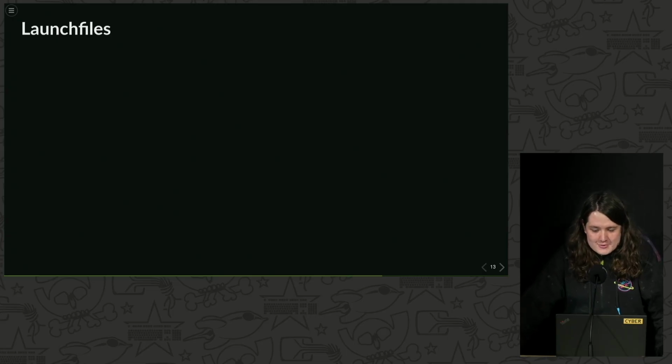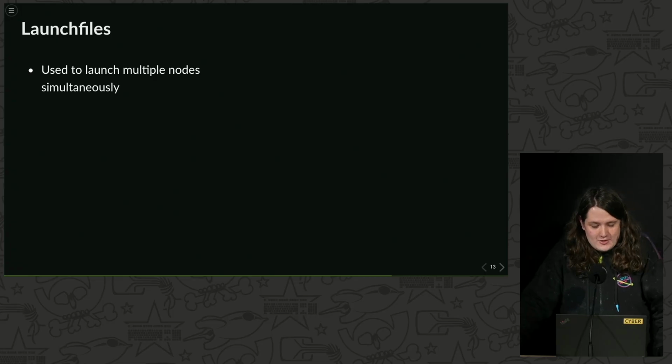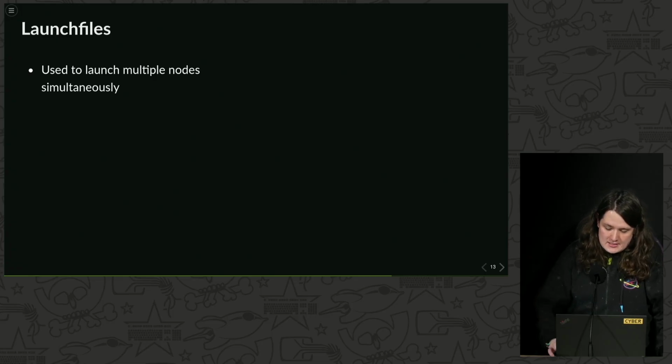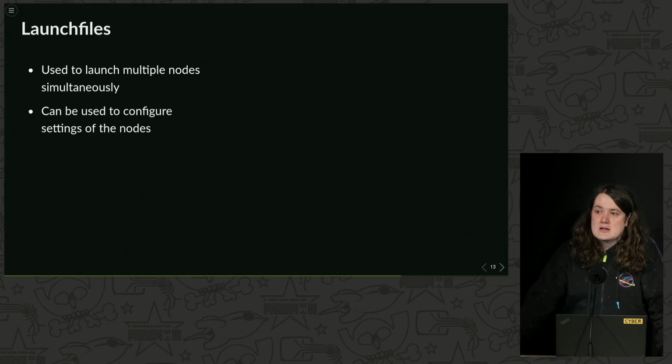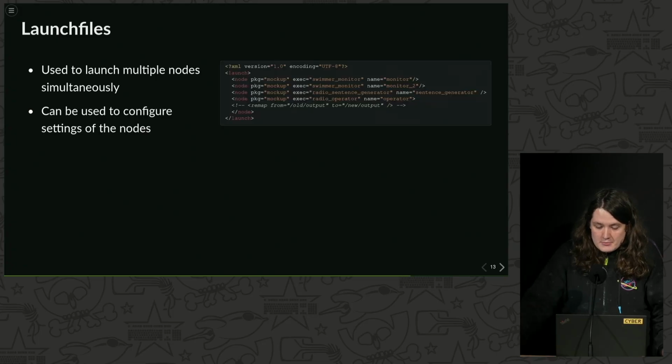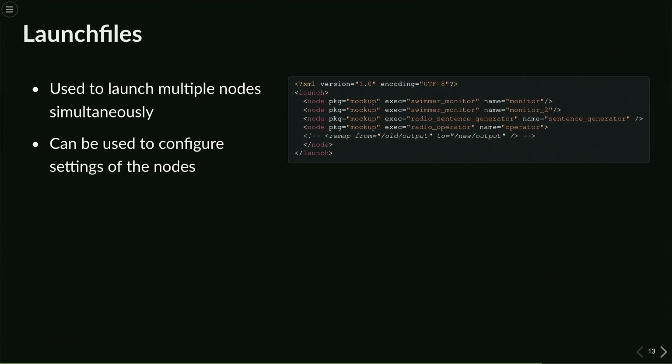You might not want to do that, and then you can use launch files that just launch multiple nodes simultaneously, and they can configure the settings of the nodes, because otherwise you might end up with really long commands to start it. They can be implemented in XML. They can also be implemented in Python, if there are a lot more complicated options to set, you cannot do everything in XML.